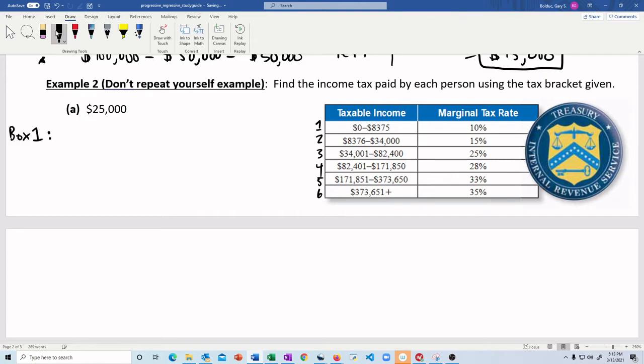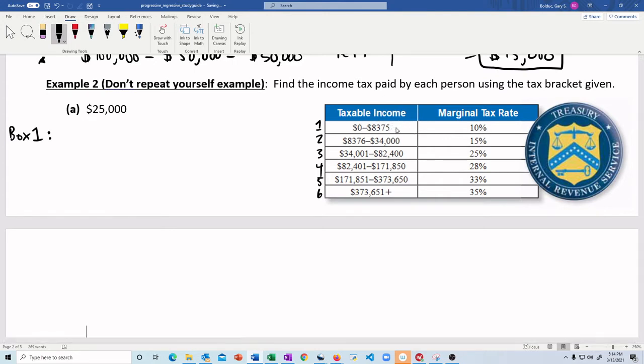We take our 25,000 and bring it over here and ask ourselves, all right, what's going on here? Did I fill this up? Yes, 25,000 is bigger than 8,375. Because I fill up the box, that means I pay my 10%, because that's what this says, on this full amount.